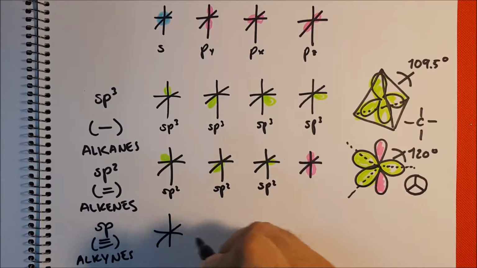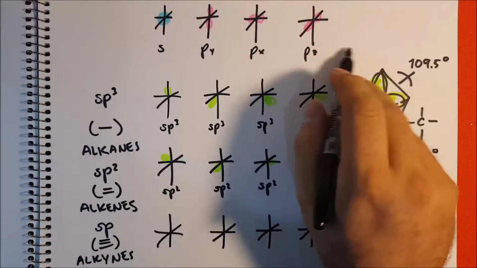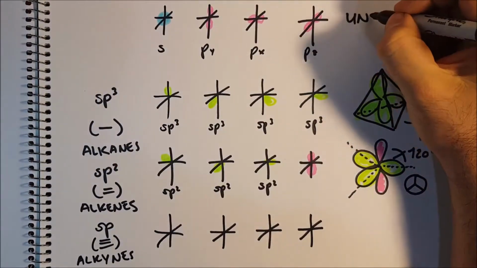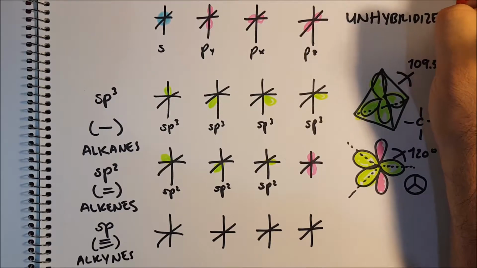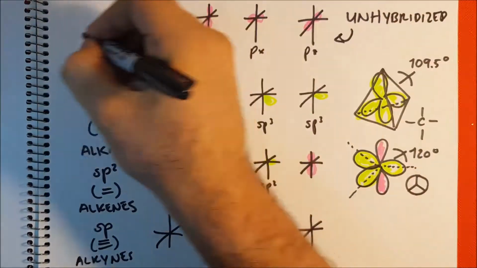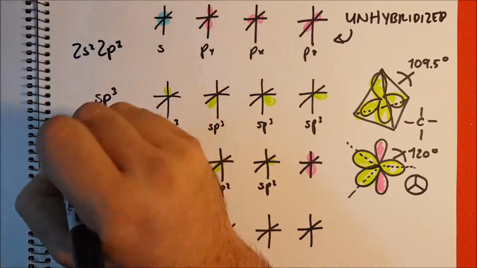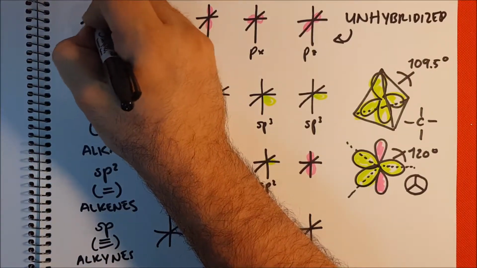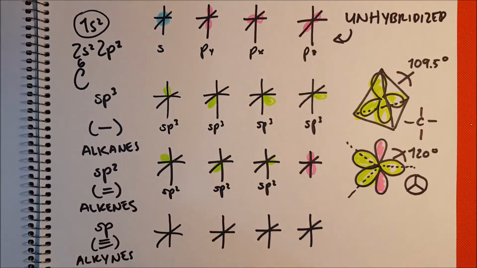And in this case, when we mix the hybrids, remember, we're only mixing the s orbital from the original unhybridized orbitals in the second shell of carbon, in the outermost shell. 1s2 doesn't count right now. So 1s2 2s2, carbon with the atomic number 6.